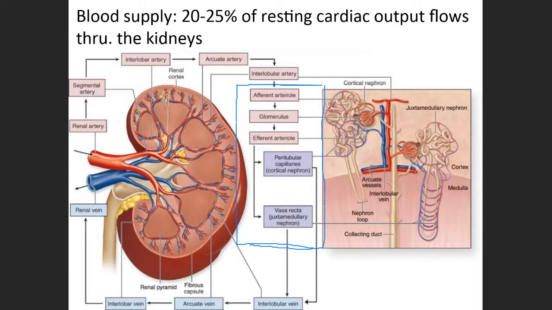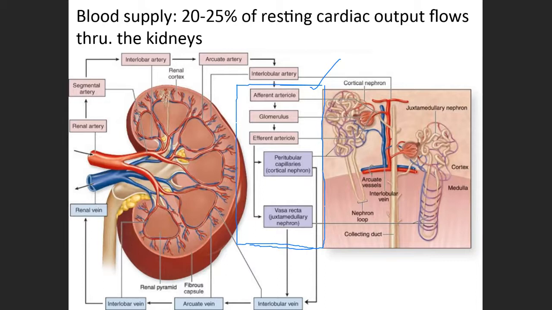These are going to be the blood vessels directly associated with the function of the nephron. So we'll be dealing little with those right now other than looking at their sequence, but we'll be coming back and looking at the details of those once we look at the nephron in more specific detail.